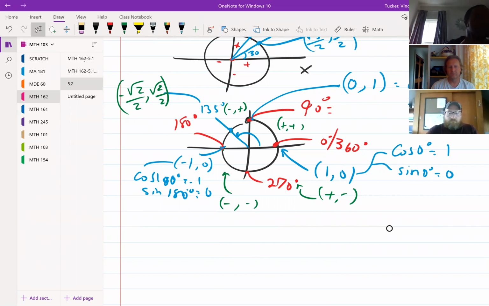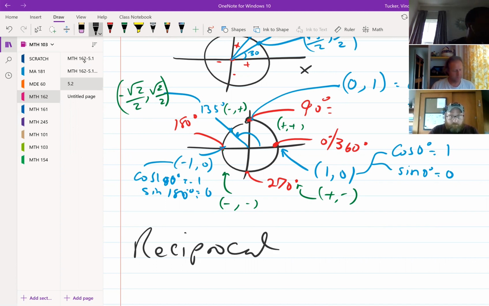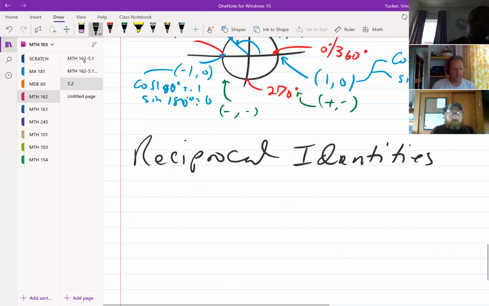So next thing in this section is the reciprocal, and we've already talked about this, but I'm just putting it on paper. Got the reciprocal identities.